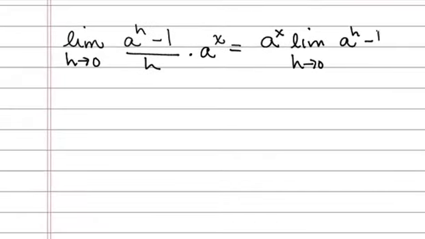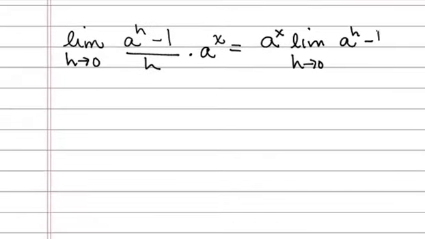So, therefore, I'm going to set a equal to e to the natural log of a because, knowing the relationship between functions and their inverses, these two would be equivalent. So I'm going to make a substitution here.